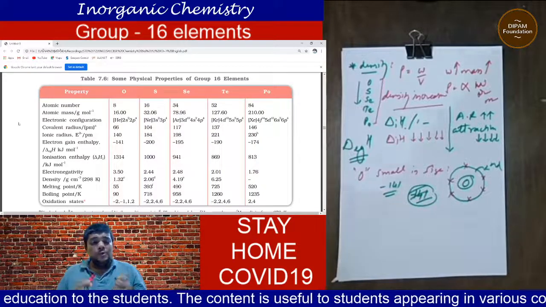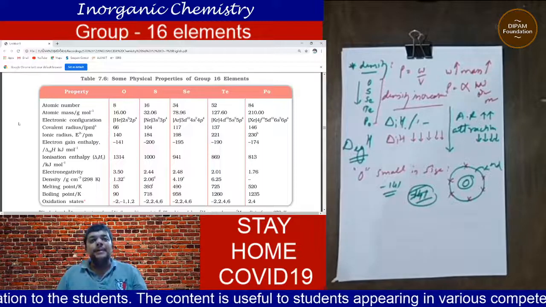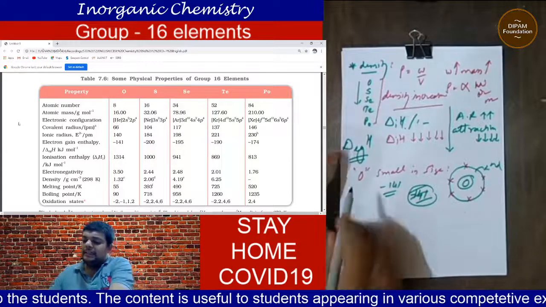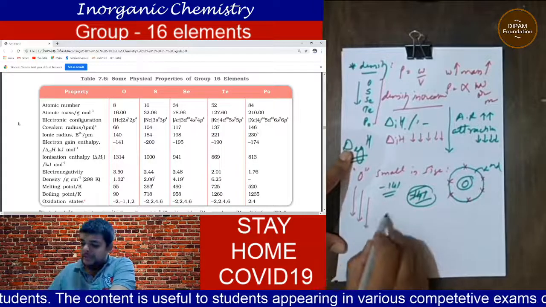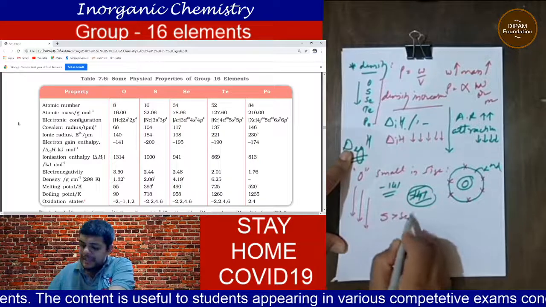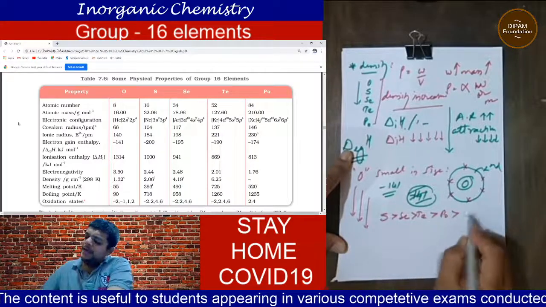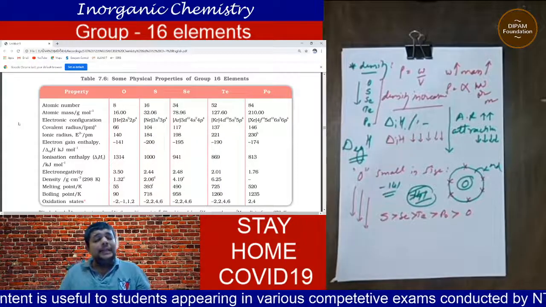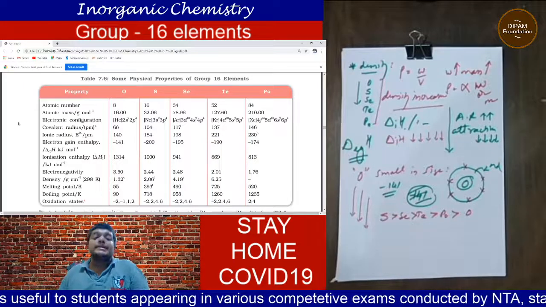So in terms of the negative value of electron gain enthalpy for group 16, popularly known as chalcogens, we can say that the value decreases down the group, and therefore sulfur, selenium, tellurium, polonium, and at last oxygen comes. This value I am writing in a mode negatively decreases.